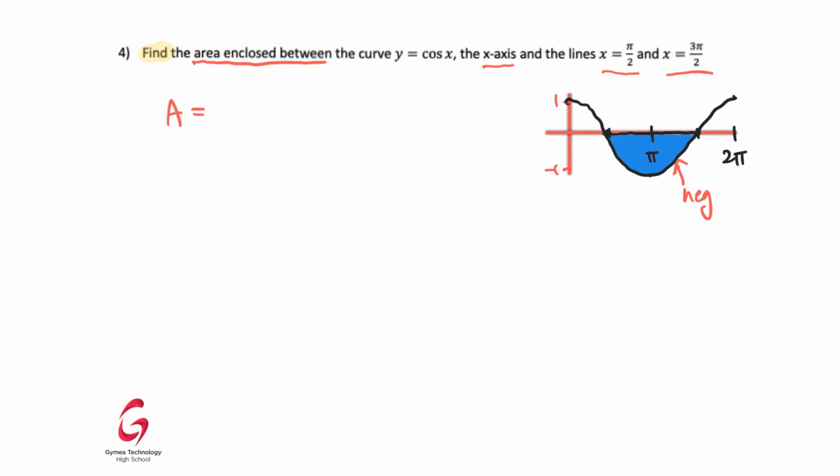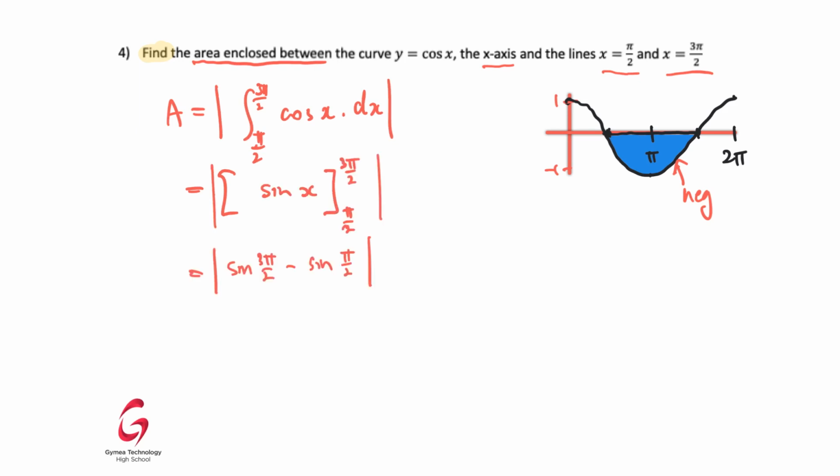So this area is going to be the absolute value of the integral between 3 pi on 2 and pi on 2 of cos x. We're going to turn that negative answer positive at the end. Good thing our a value is 1, and the integral of cos is sine x.